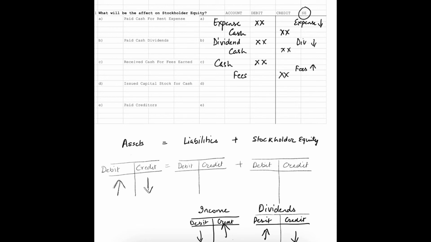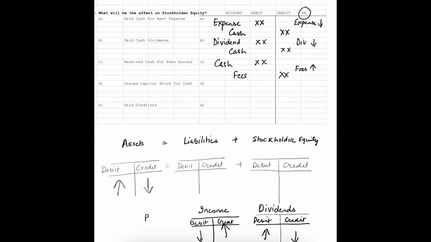Number D is issued capital stock for cash. Now here we are receiving cash because we are giving the shares of our company to investors. So the investment in the company is increasing.